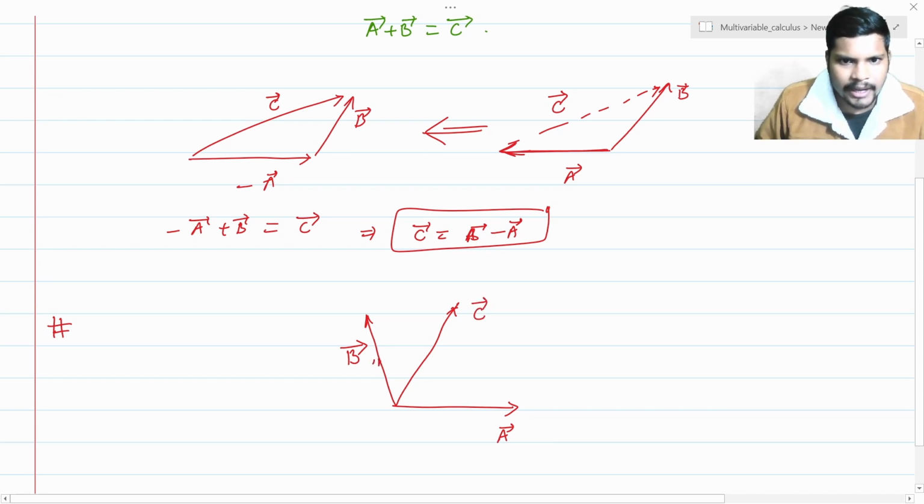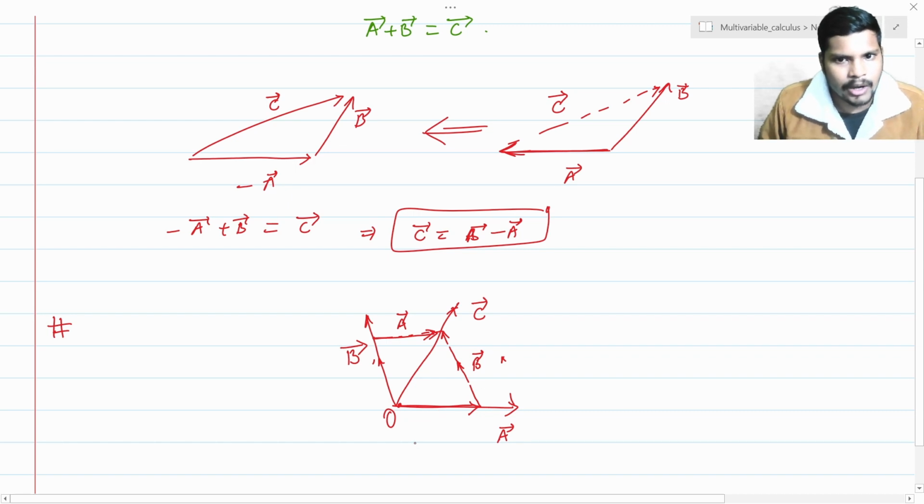We can take one vector which is parallel to B from here to here, and another vector which is parallel to A. So again, use the triangle law. From here I can go from here to here, and again I am coming back to this one. So OC is equal to OA plus AB vector. So this is your A vector and this is your B vector, and then I have C vector.